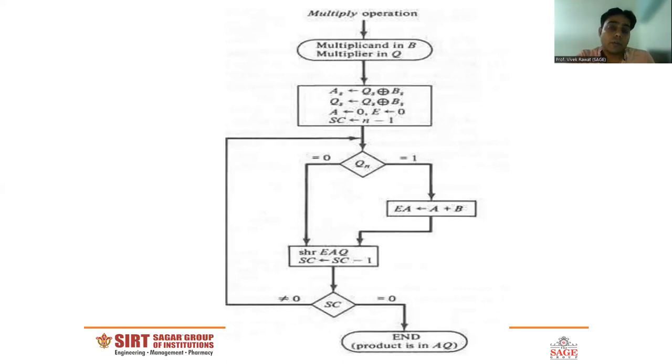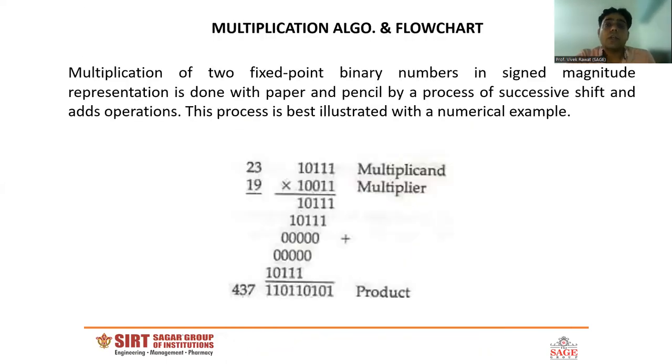First of all, we need to discuss what multiplication is. We all know the process of multiplication. Suppose we want to multiply two numbers, 23 and 19.